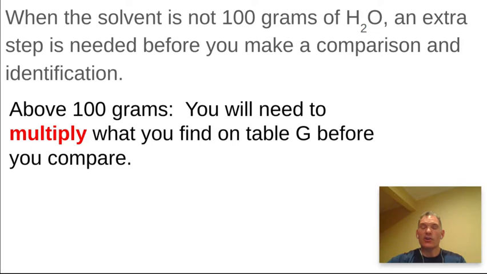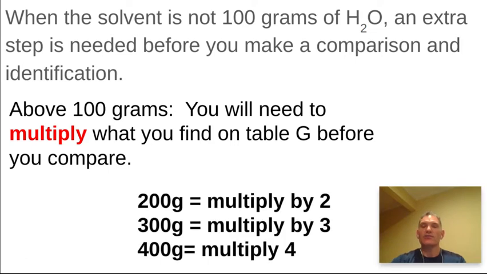And again, it's always going to be in multiples of 100 for us. So if we have 200 grams of water, I'm going to multiply by 2, then look up my answer. 300 grams, multiply by 3. 400 grams, multiply by 4. So you see that we multiply by the whole number of the hundreds. So 200 is 2, 300 is 3, 400 is 4.